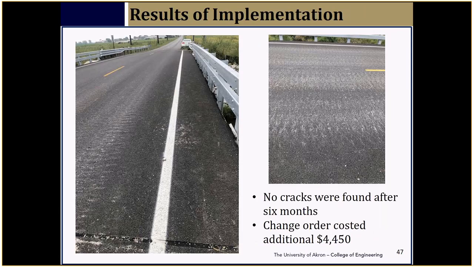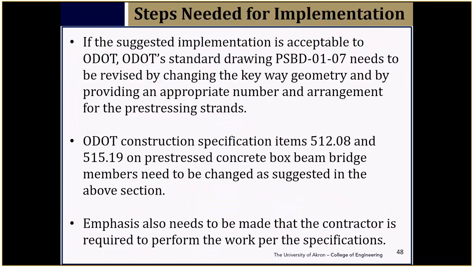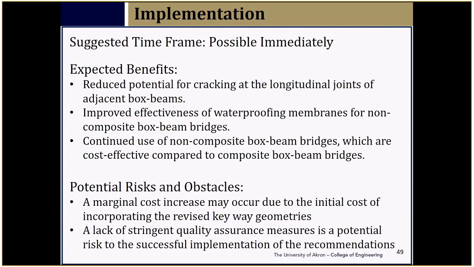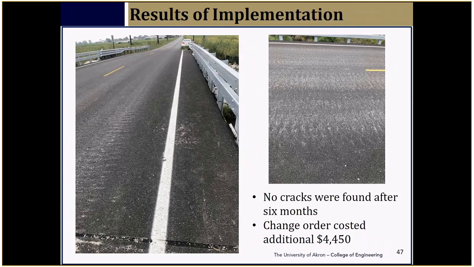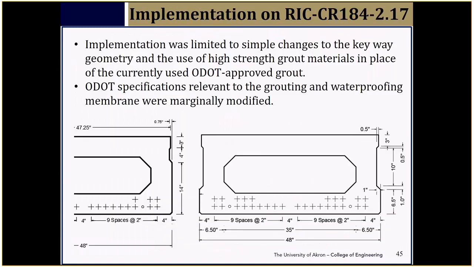So the question is if we change the keyway geometry, we improve the performance. But the fundamental question is why is the joint leaking? On slide 45, on the left hand side, the figure shows a shallow keyway.